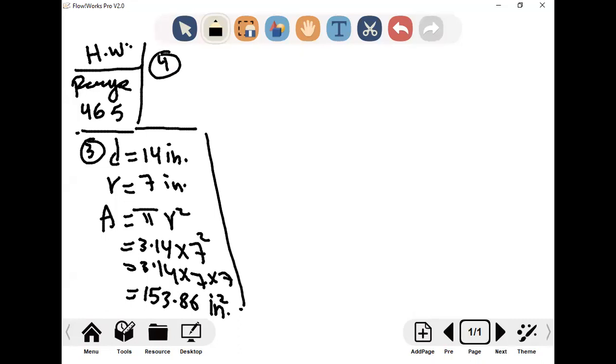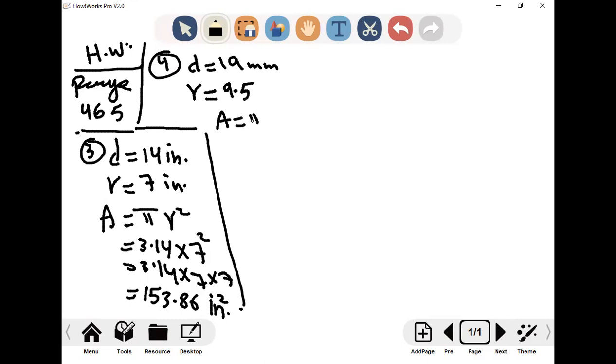Question 4. We have the diameter, 19 millimeters, right? The radius is 19 divided by 2, which is 9.5.